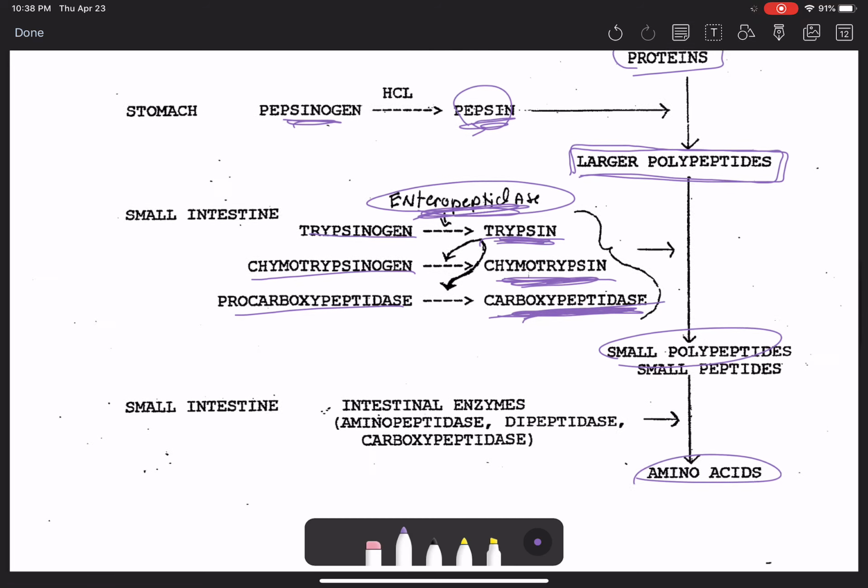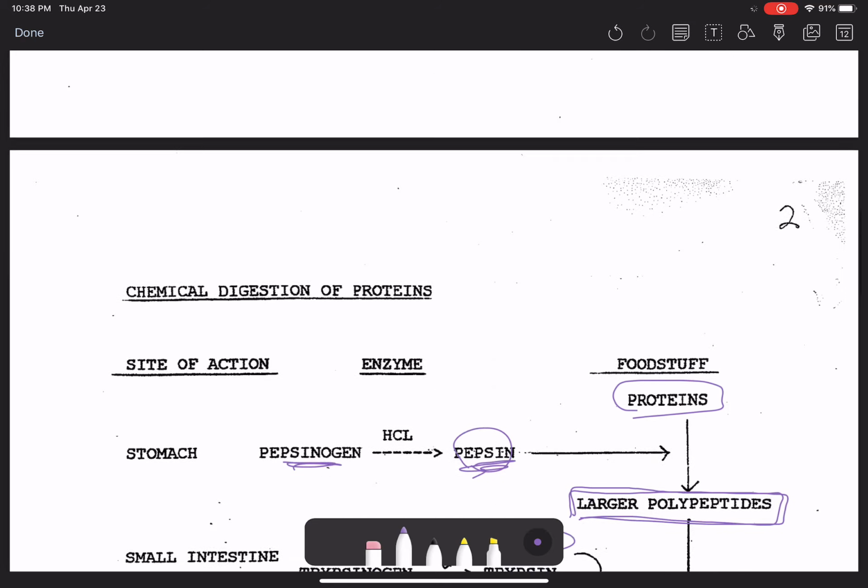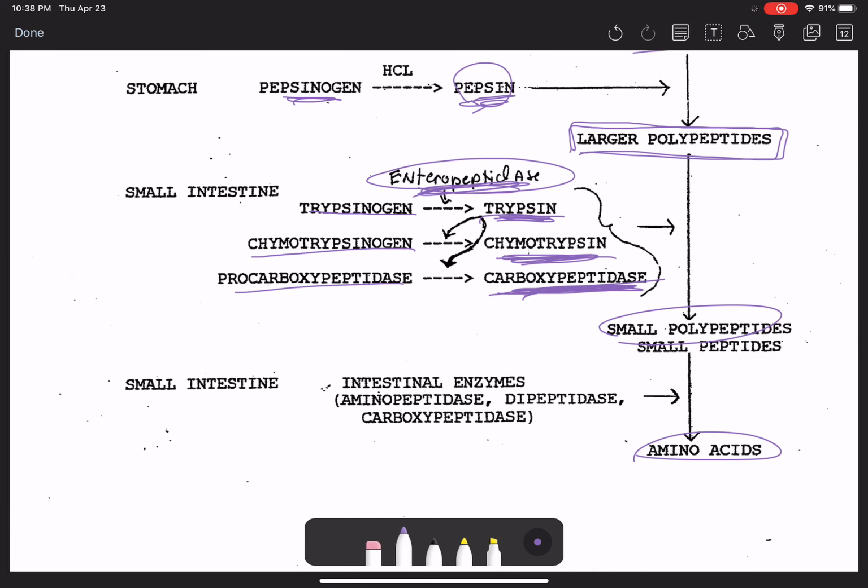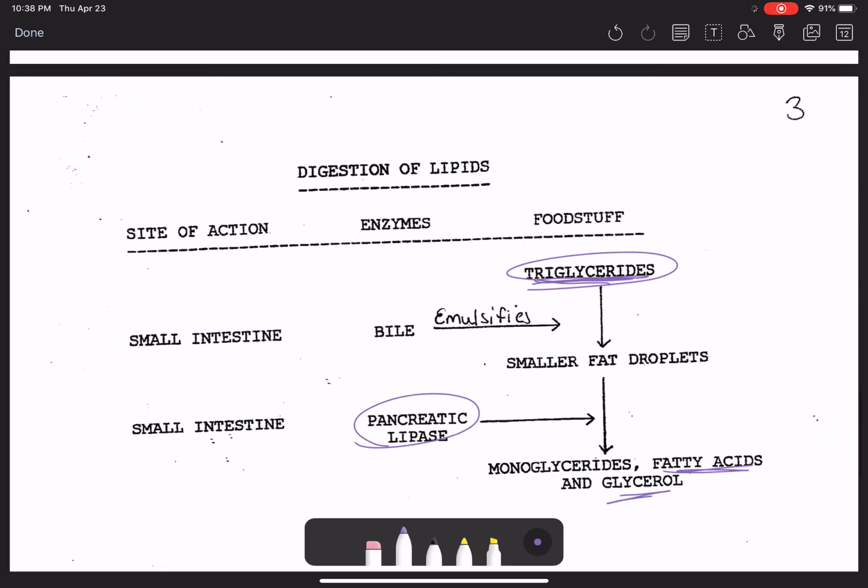Same concept with the proteins: we systematically break down the proteins by cutting them into increasingly smaller polypeptides, and then finally the brush border enzymes cut up the smallest of those polypeptides into the individual amino acids, which are absorbed through the columnar epithelium.